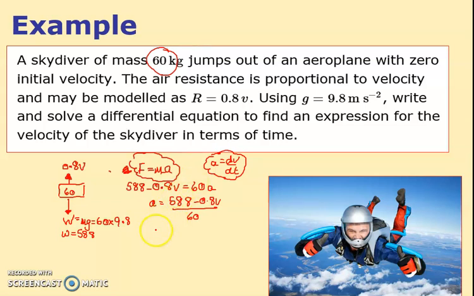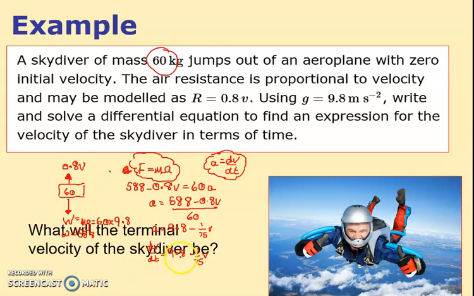Well, probably it had to be. a equals 9.8 minus, and this is the more interesting one, 0.8 divided by 60 is a 75th of v. Now remember, a is dv by dt equals this. And so perhaps I hope I've got another slide I can move this onto. That's my formula so far for dv by dt.